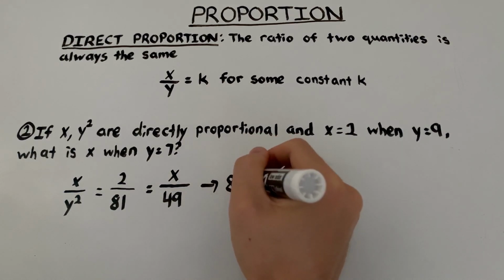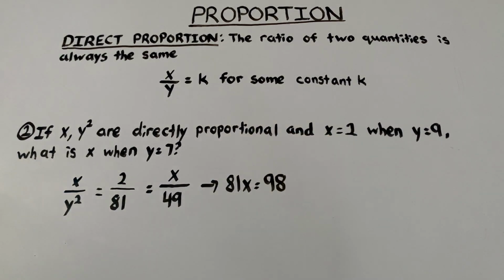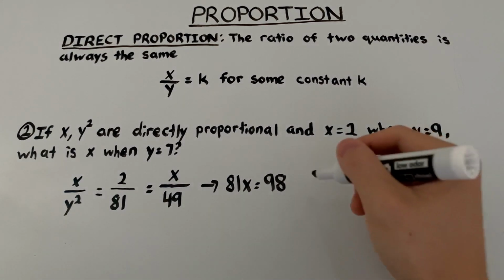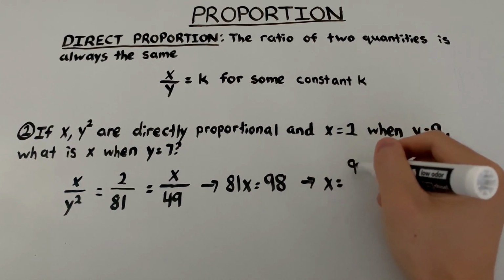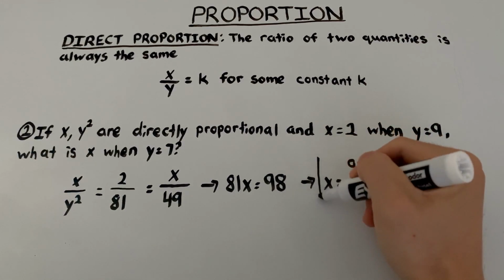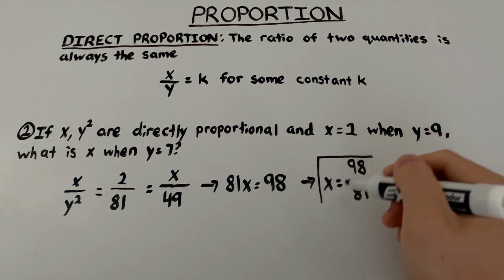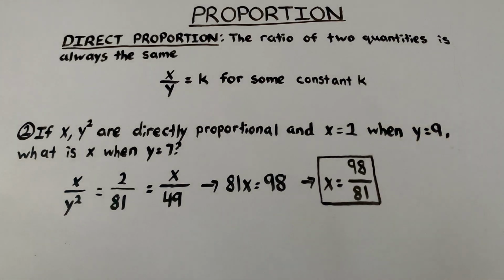So 81x equals 98, which means that x equals 98 over 81. So that was just a brief introduction to direct proportion. Now, let's see some very common problems which use direct proportion to solve them.